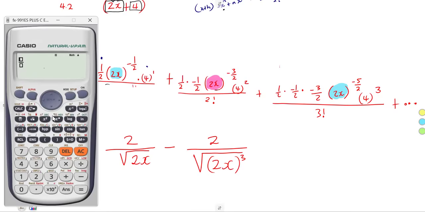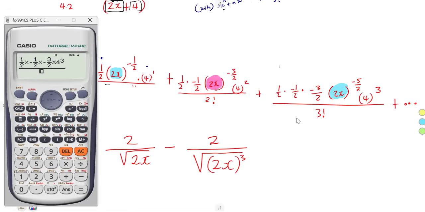So we're going to have a fraction 1 over 2 times negative 1 over 2. Okay, you're going to multiply to negative 3 over 2 times negative 3 over 2 times the last term there, which is 4 to the exponent of 3.